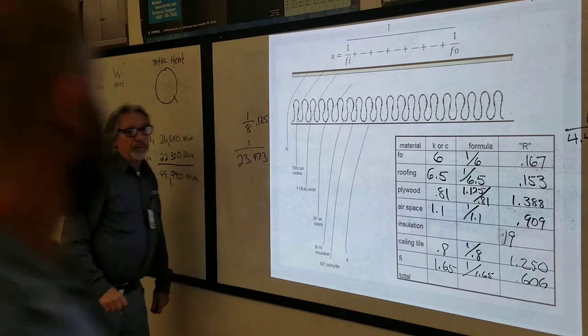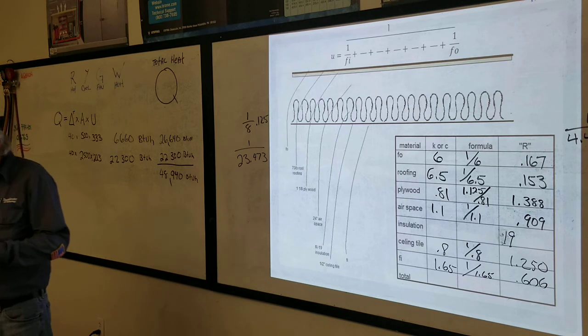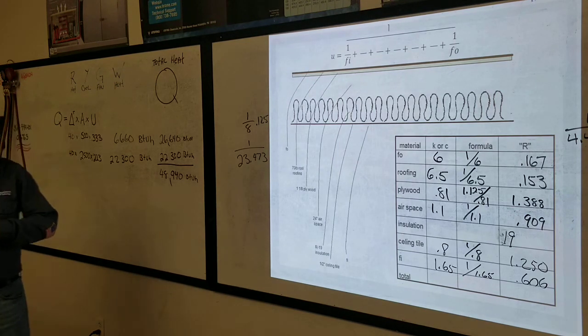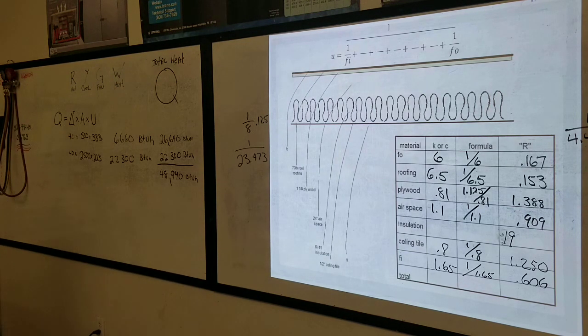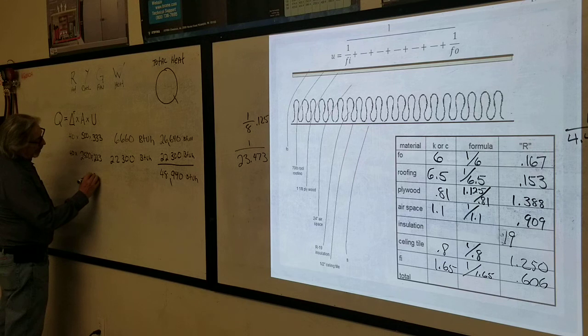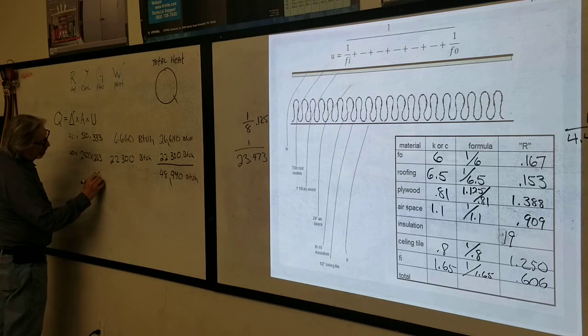Reciprocated, our new U factor for that will be 0.042.